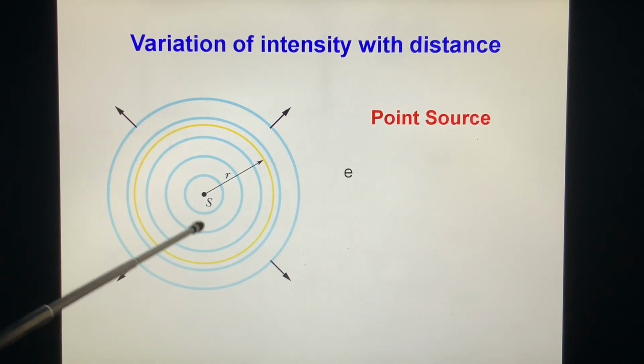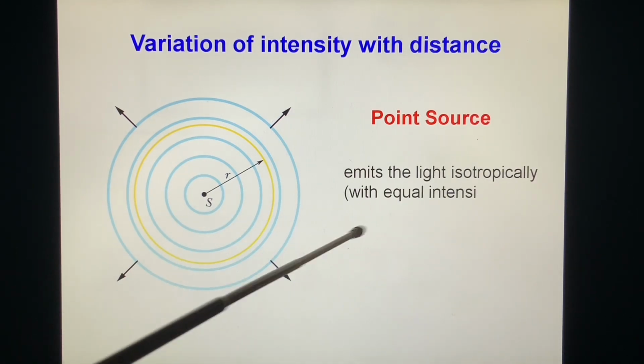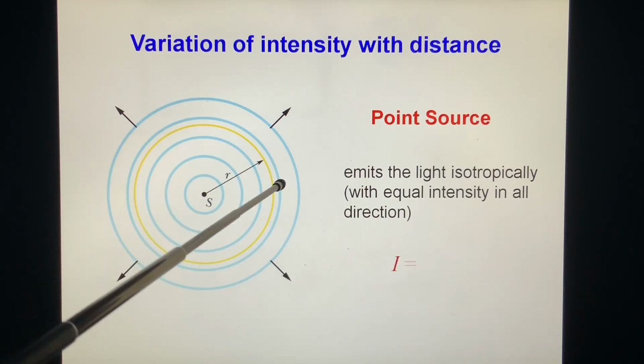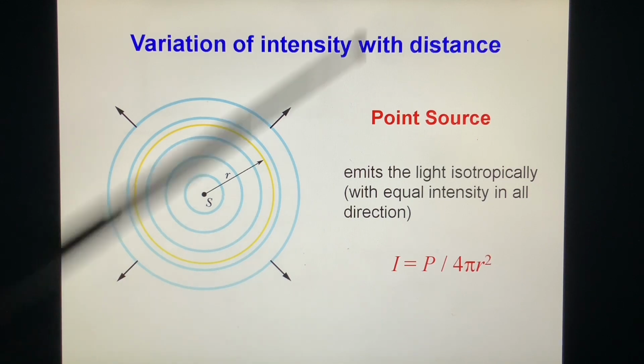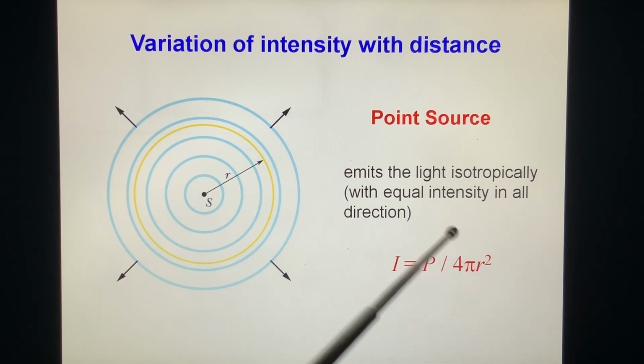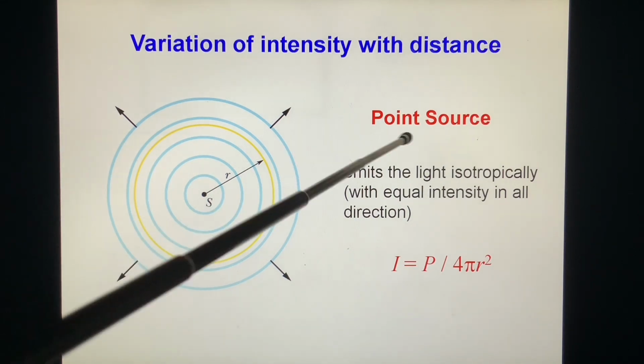The point source emits light isotropically, with equal intensity in all directions. The intensity I is energy per unit time per area. P is the energy per unit time, the power, divided by the area of the sphere, which is 4 pi r squared. That's the intensity at distance r for our point source.